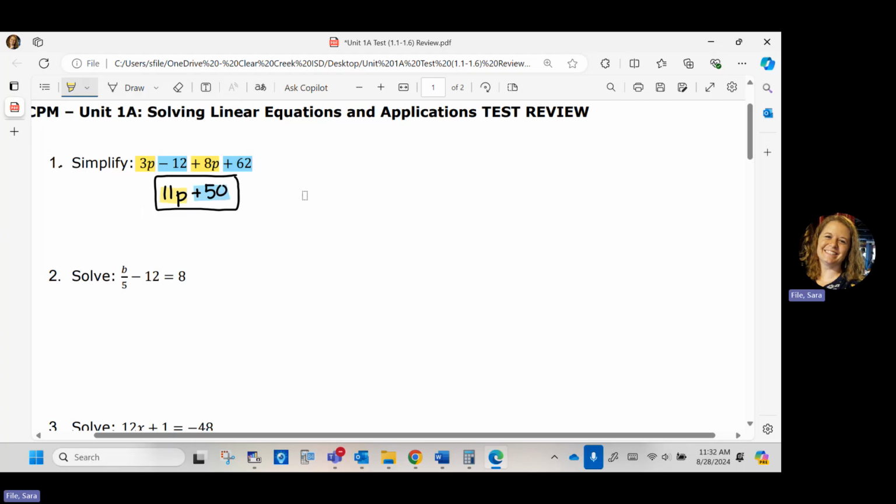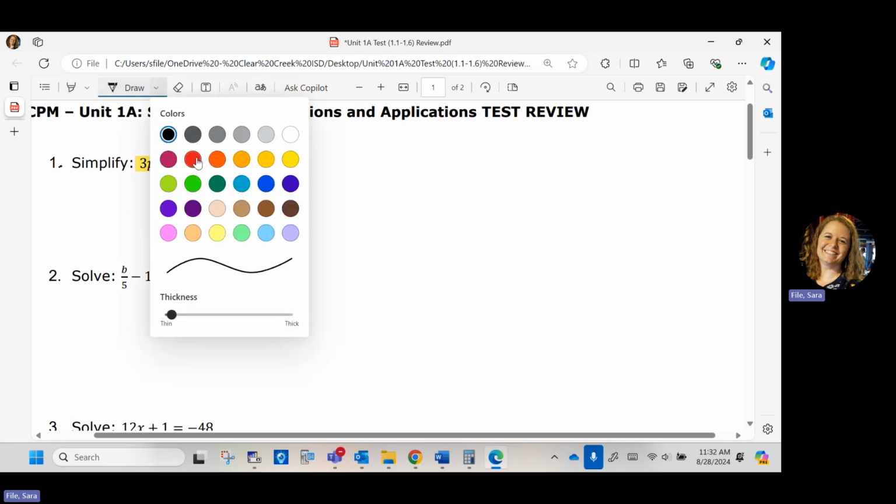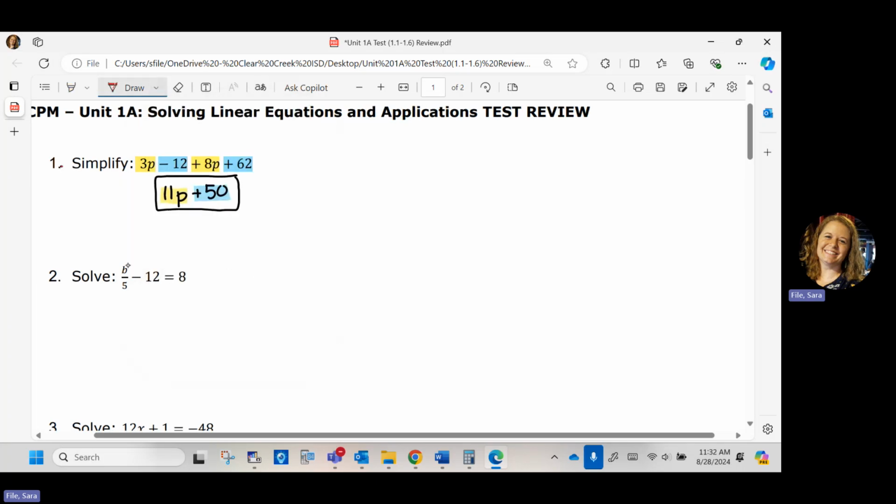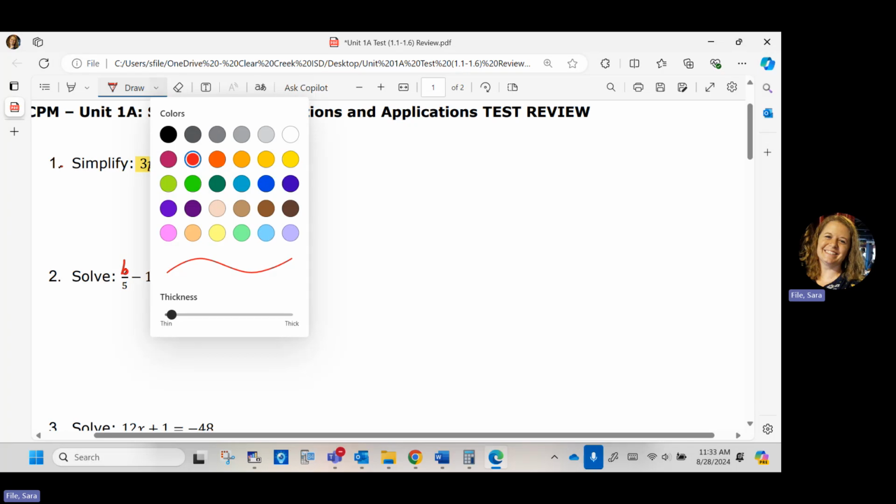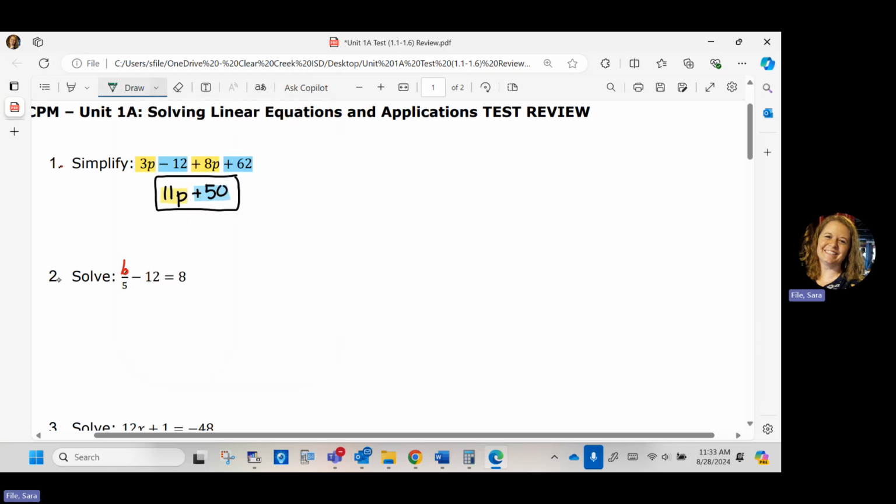Now, the solving types of questions, you have to isolate the variable. We're trying to get the variable by itself. In this case, it's the b. The first step is always to move the constant, if there is one. In this case, it is -12. To move that, we move by opposite operation.